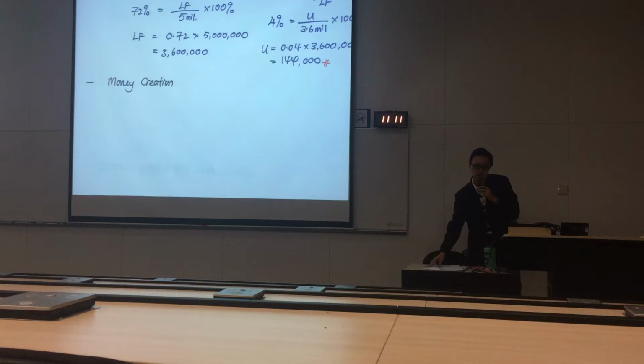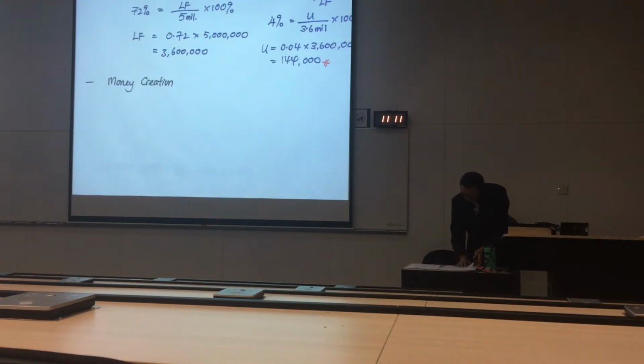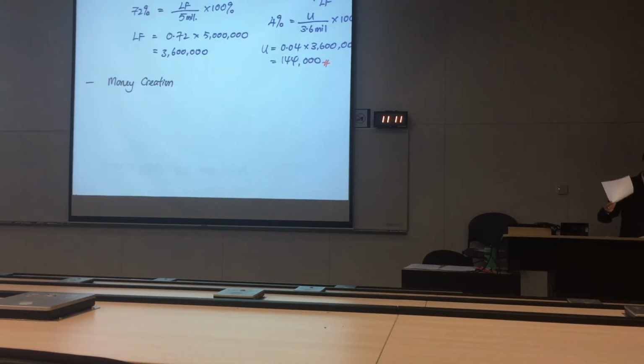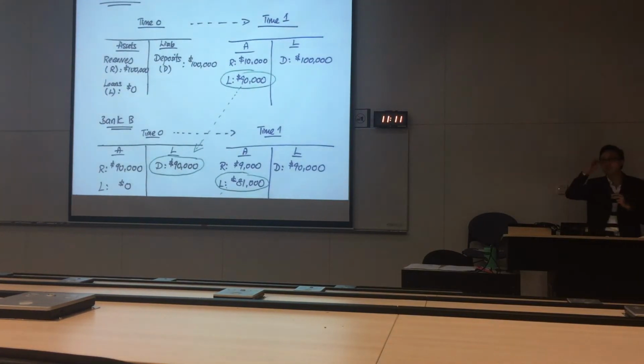This is, of course, inside the monetary policy chapter. Okay, so what we did for this, I'm not going to rewrite out all of the T accounts and stuff again. Remember the story? So this is something that you would probably have to perhaps explain as part of a question.